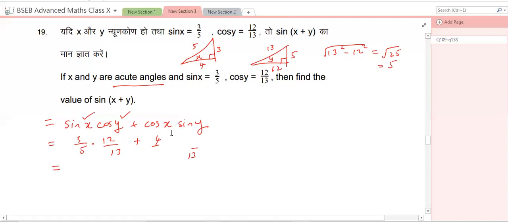So what we had here was 4 over 5 times 5 over 13. 3 times 12 is 36, so 36 over 65 plus 20 over 65, which is equal to 56 over 65. Can you simplify 56 over 65? No. So that should be your answer.